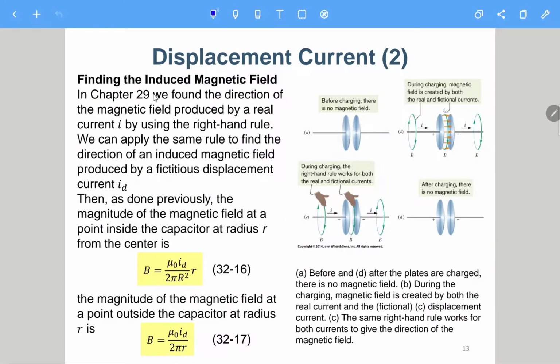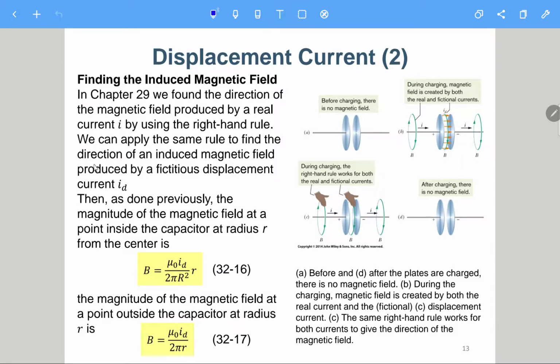Yeah, so finding the induced magnetic field, we find the direction of the magnetic field by using the right-hand rule. Just now I already mentioned that you can use the right-hand rule to determine the direction of the generated B field or generated E field according to Ampere-Maxwell's law, and also Faraday's law.